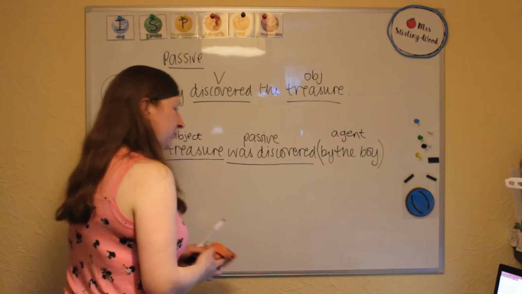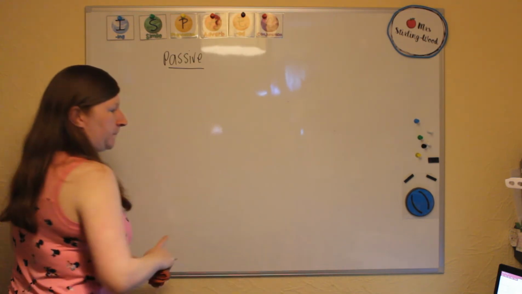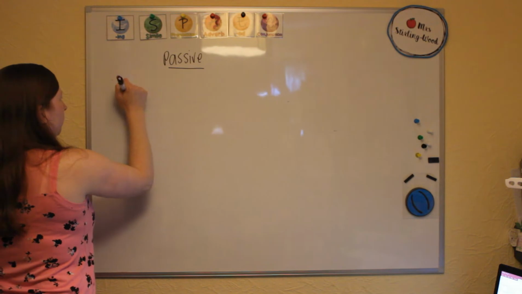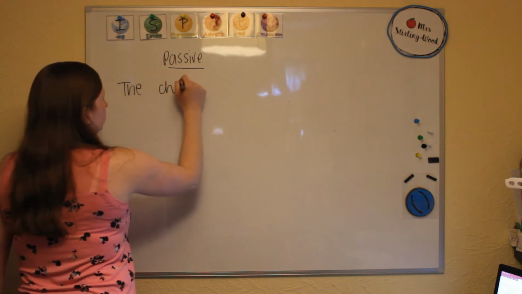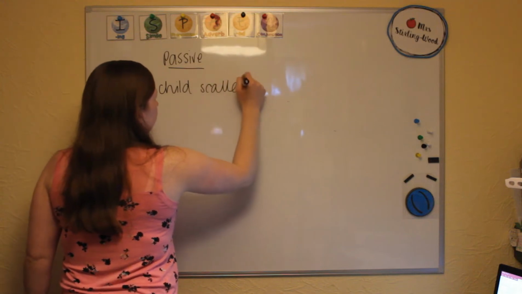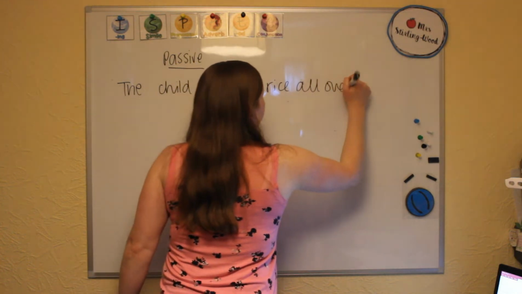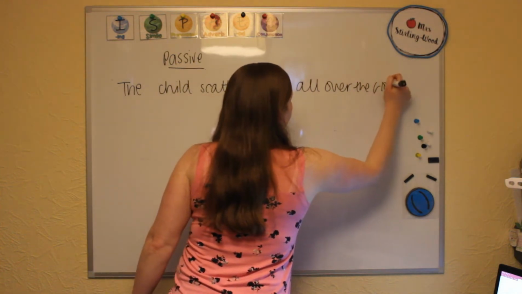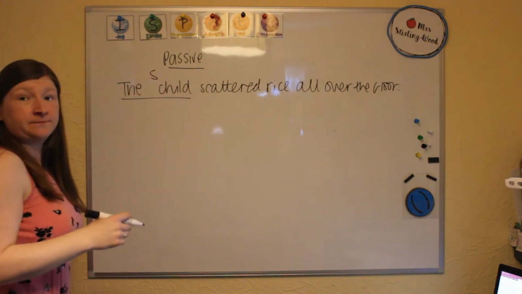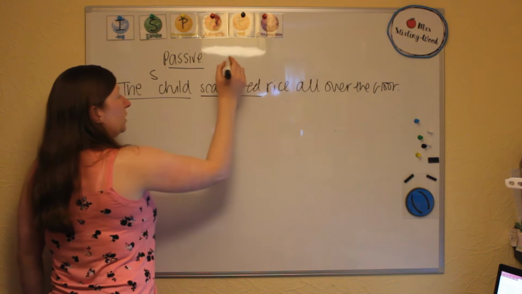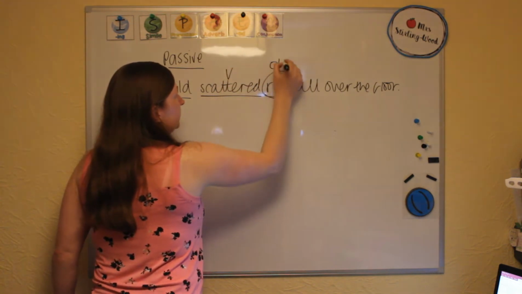Let's have a look at another example. The child scattered rice all over the floor. So we've got the child is the subject, scattered is the verb, and rice is our object.